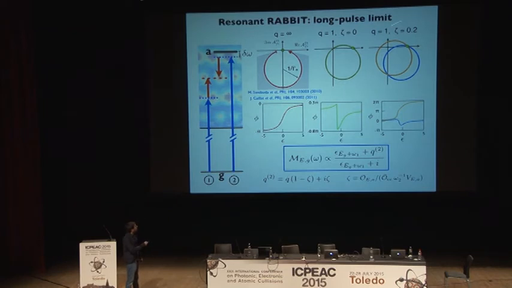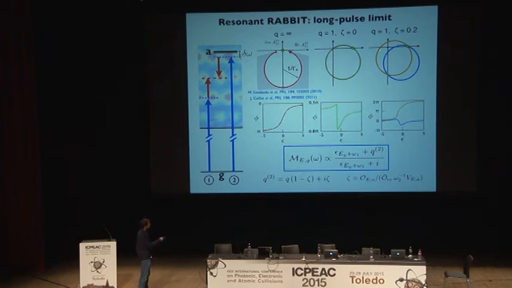Finally, in the more general case where zeta is not zero, the two-photon transition matrix element splits into two circles, one for the upper sideband and one for the lower sideband of the resonant harmonic. One of these circles goes around the origin, and therefore the phase excursion as we traverse the resonance is 2 pi.